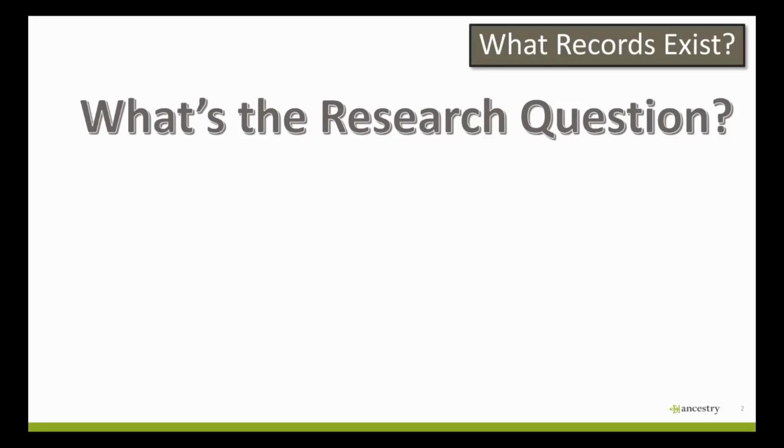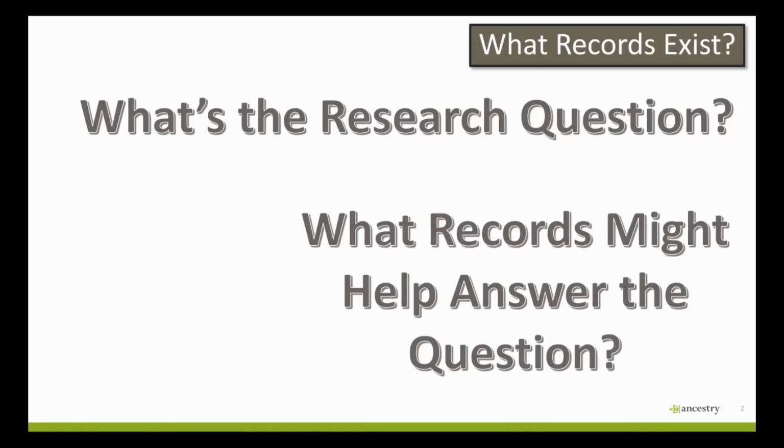When you get really specific about that, it allows you to do the next thing really well, which is ask yourself what records might help answer that research question. So, again, if my question is, what is my great-grandfather's birth date? And that's my very specific research question, then a birth certificate would certainly be on that list. But there are other records that exist that might have his birth date on it.